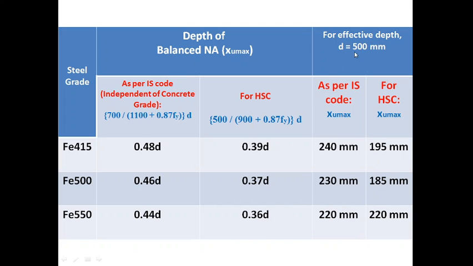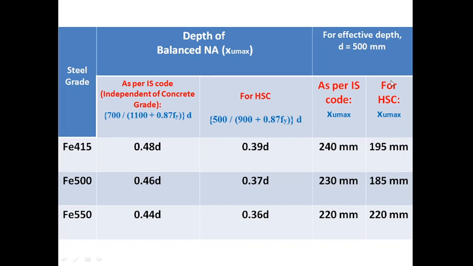Now, just to understand the practical significance of that, I will consider a rectangular beam whose effective depth is 500 mm, and apply this formula. As per IS code, the depth of balanced neutral axis xu max will be 240 mm, because it is 0.48 into 500.